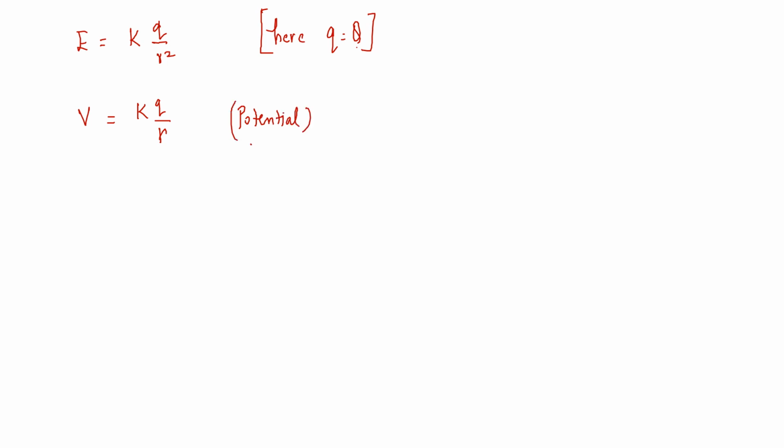See, electric field is given by K into Q upon R square, whereas electric potential is given by K into Q upon R. Here Q is the same as capital Q, only we always write small q, that's why I have written it over here.